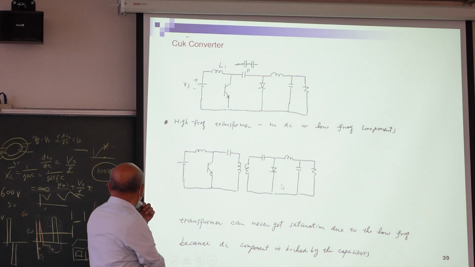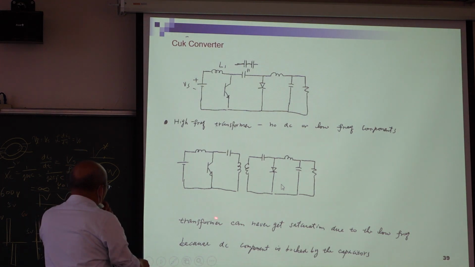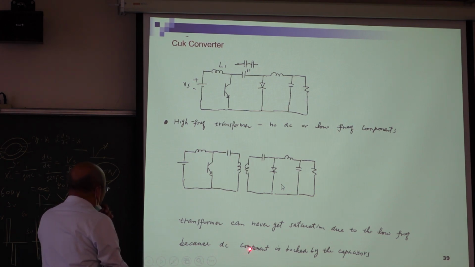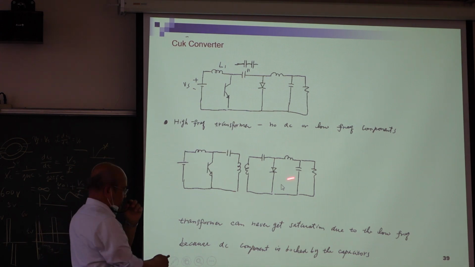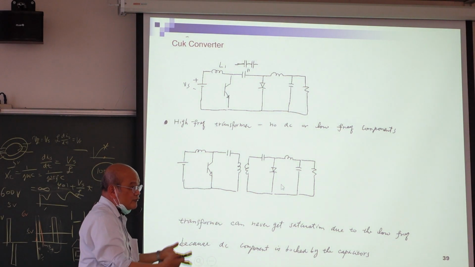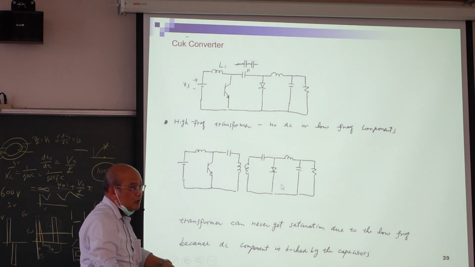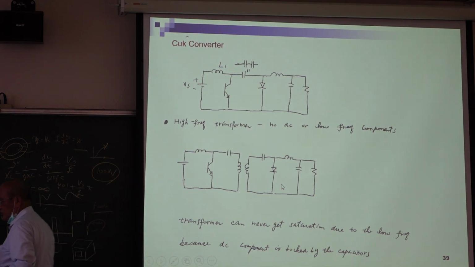But now you block the DC current, so your transformer never gets saturation due to DC or low frequency, because the DC component is blocked by the capacitor. So this is an advantage. You never damage your transformer because no DC current can pass to the transformer.